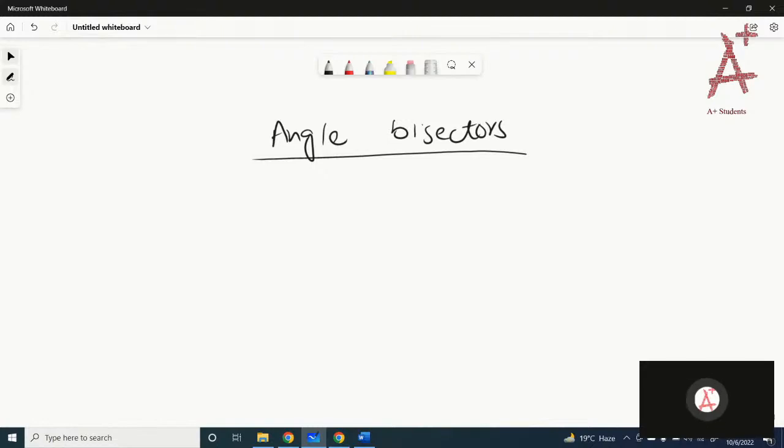So first you need to see what the bisector means, the angle bisector. Please make sure you have your notebook and pencil so that you can note down the important definitions. Got it?